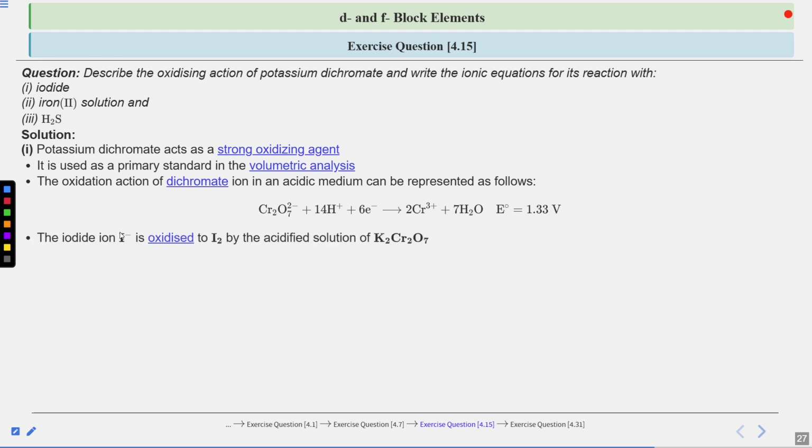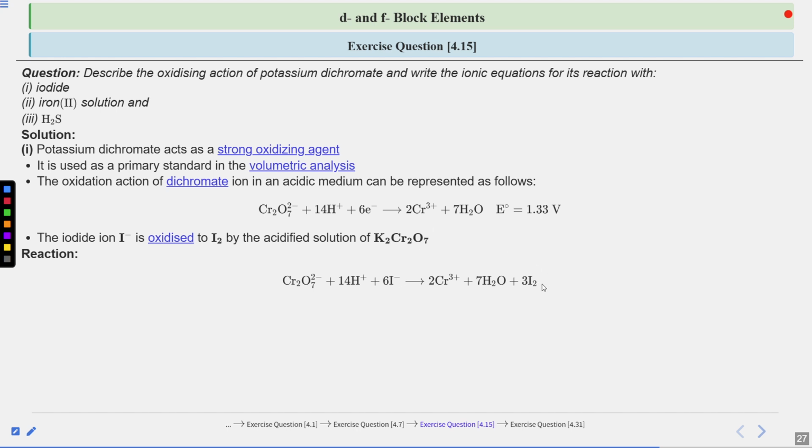The iodide ion, I-, is oxidized to I2 by the acidified solution of potassium dichromate. Acidified potassium dichromate solution can oxidize iodide ions to iodine molecules. The dichromate ion reacts with protons and iodide ions in the acidified solution and converts to chromium ions, 7 molecules of water, and 3 molecules of iodine.